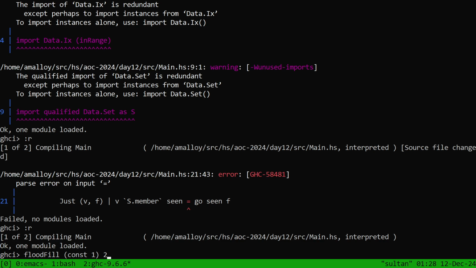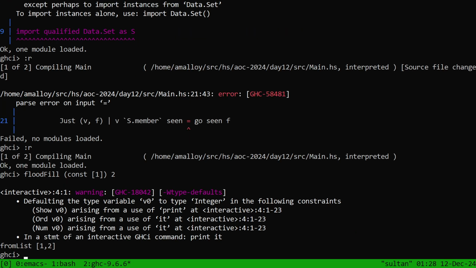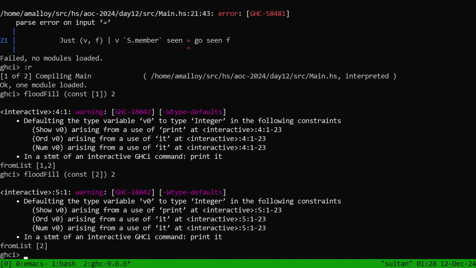So starting from node 2, and assuming that every node is connected exactly to the node 1, do a flood fill. That should tell me it should be a set of 1 and 2, right? Yes, correct. And if I said, actually every node is only connected to 2, it gives me back only 2.